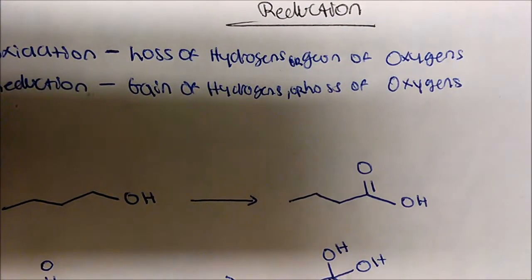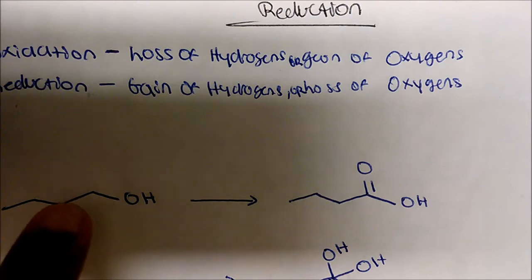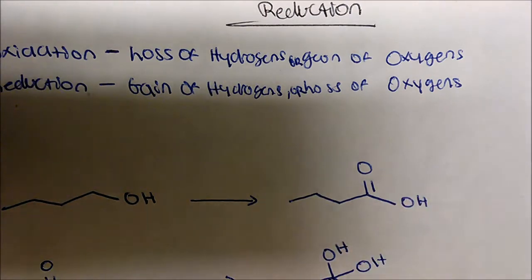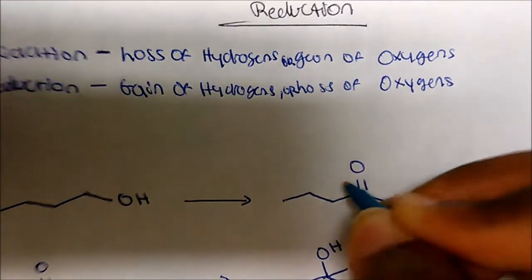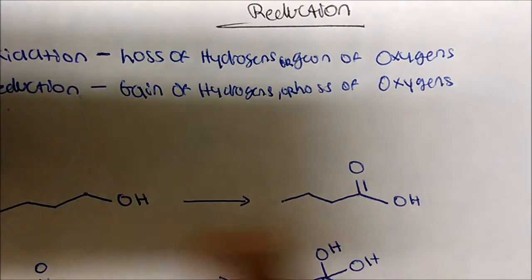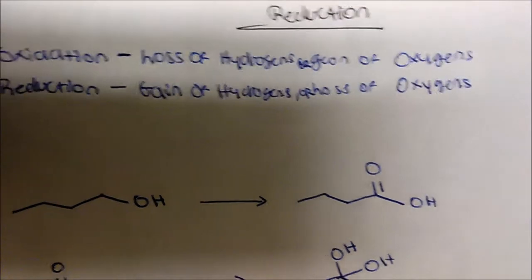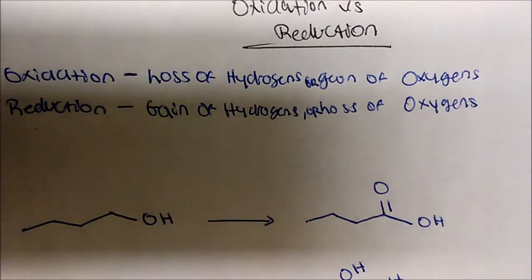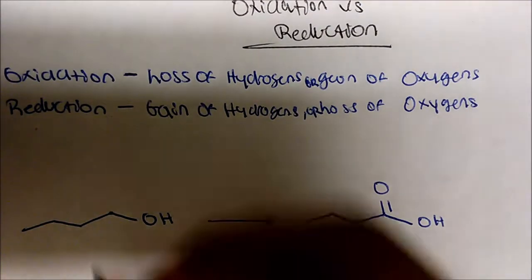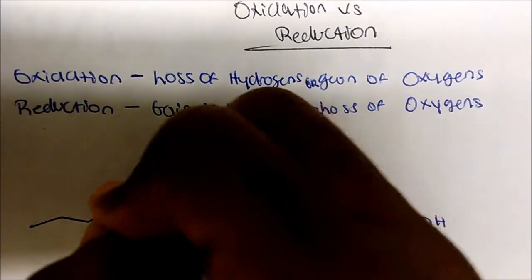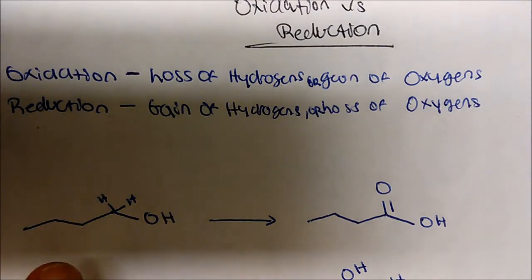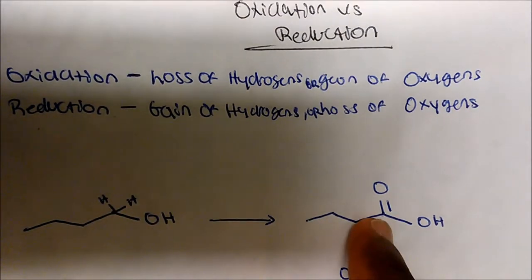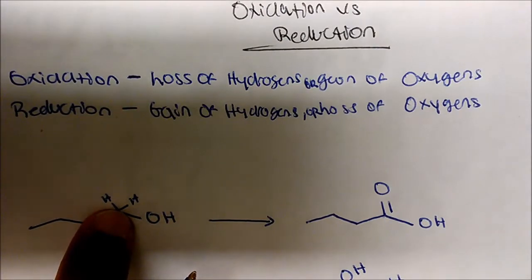If I look at this, I see that I have an alcohol and it went to a carboxylic acid. Well, what is different? It looks to me like this is the carbon of interest, where something happens. It is very apparent that we have two hydrogens here, and going from here to here, I lost those two hydrogens.